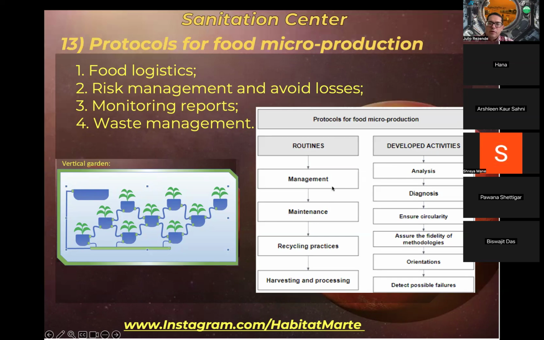We present routines of management, maintenance, recycling practice, harvesting and processing. Also, other research activities like analysis, diagnosis, ensuring circularity, orientations, and detection of possible failures. Here is a representation of a vertical garden.